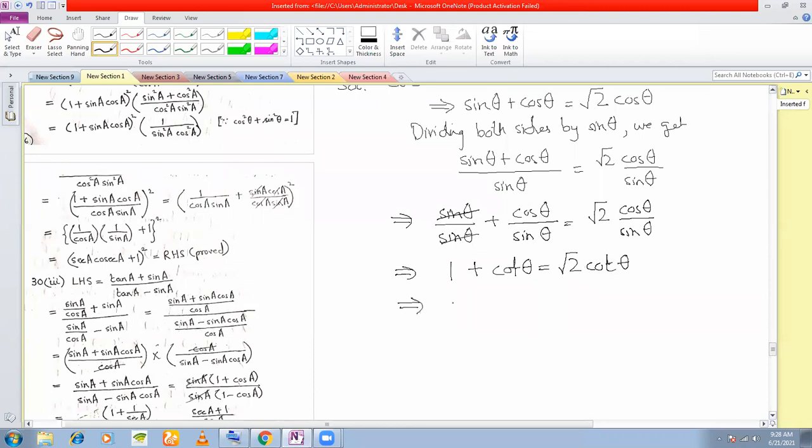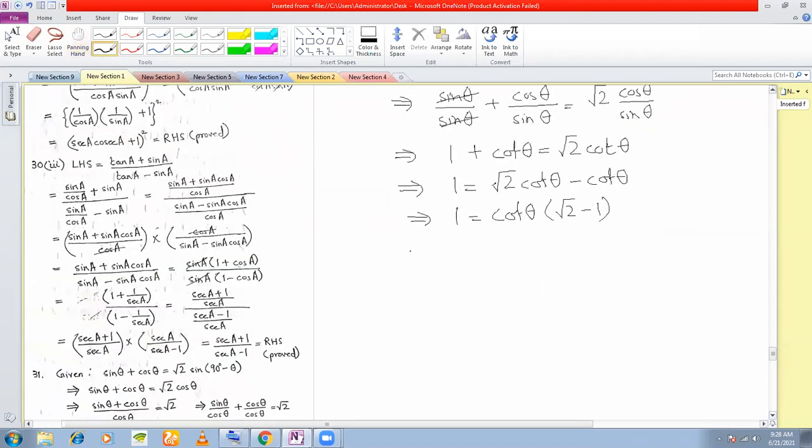This you can write as 1 is equal to root 2 cot theta minus cot theta. That means 1 is equal to, if you take cot theta common, root 2 minus 1. Now you divide both sides by root 2 minus 1 to get 1 by root 2 minus 1 is equal to cot theta, right? That means cot theta is 1 by root 2 minus 1.